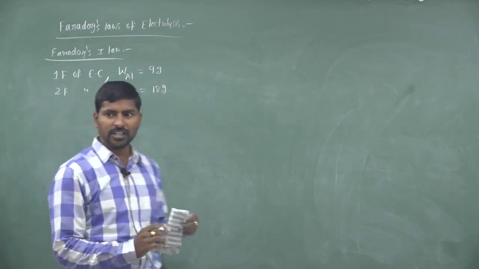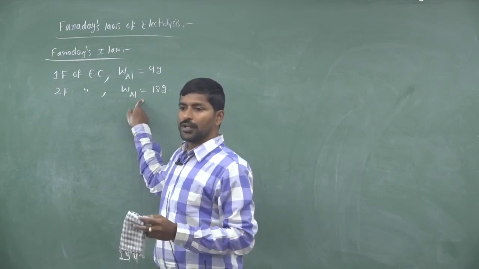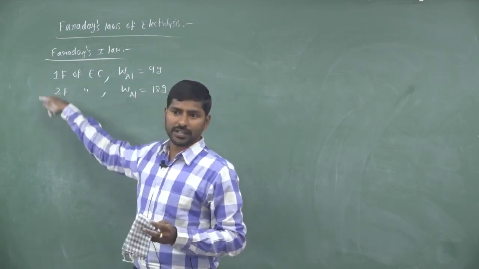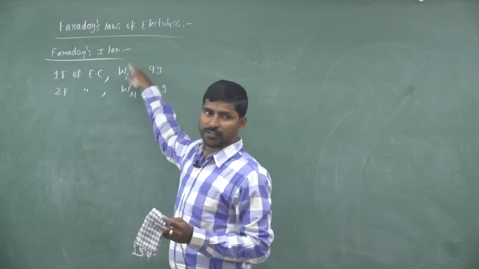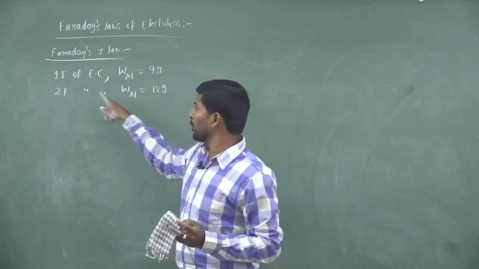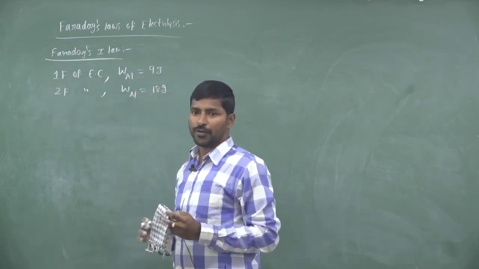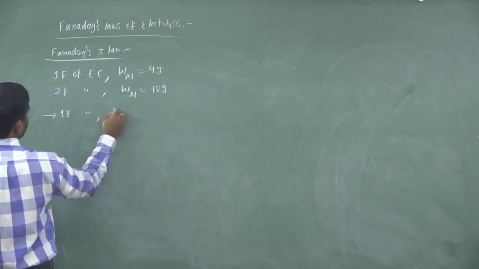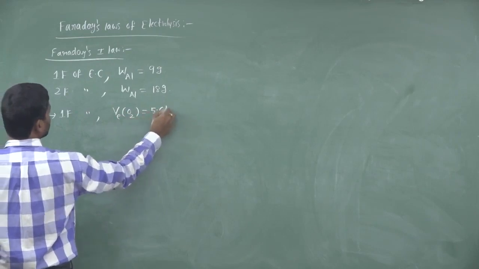So Faraday's first law is nothing but the weight of substance deposited at an electrode during electrolysis is directly proportional to what? The quantity of electric current we are passing. If you pass more quantity of electric current, more amount of substance will be deposited. For example, if you pass 1 Faraday of electric current, what is the volume of oxygen gas evolved? 5.6 liters.